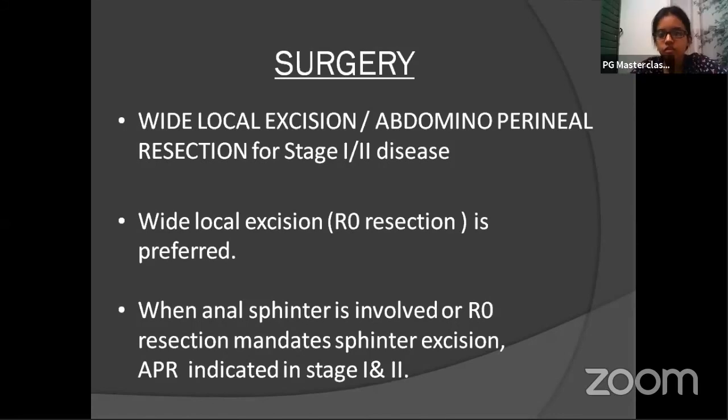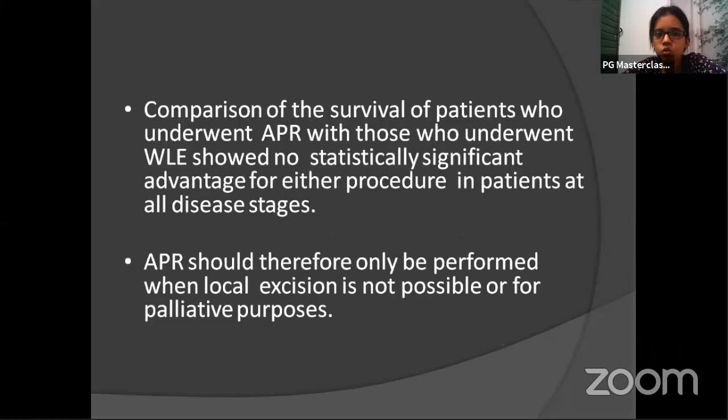No, sir, I have written later that APR provides no additional benefit over wide local excision. For wide local excision, R0 resection is preferred, and when the anal sphincter is involved or R0 resection mandates sphincter excision, APR is indicated in stage 1 and stage 2. Very good.